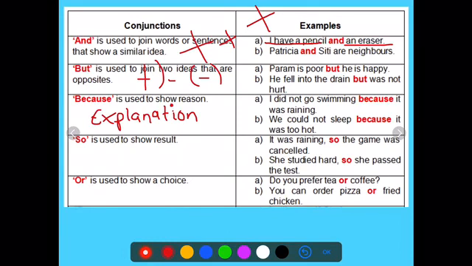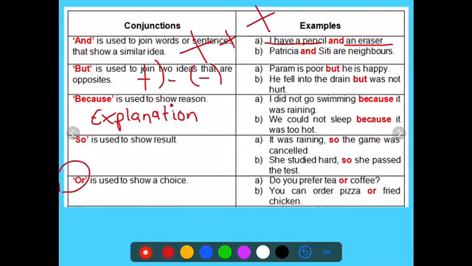And this one could be two positive things, or it could be a negative and a positive thing, because it was raining is negative, and so the game was canceled was the result. All right, two negative things and two positive things, they show result.